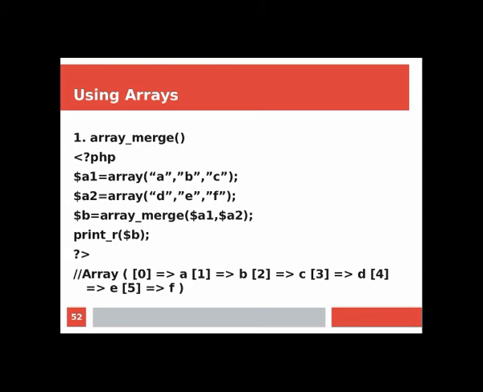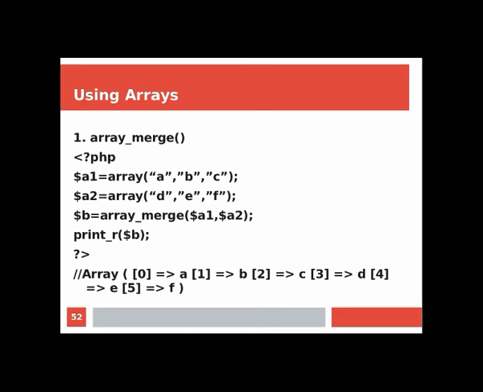Here we are merging the two arrays, a1 and a2. That's why the output is Array: 0 arrow a, 1 arrow b, 2 arrow c, so here we have the first array, then subscript 3 arrow d, the first element from the second array, then subscript 4 arrow e, and subscript 5 arrow f. So merging two arrays means all elements will be covered here.